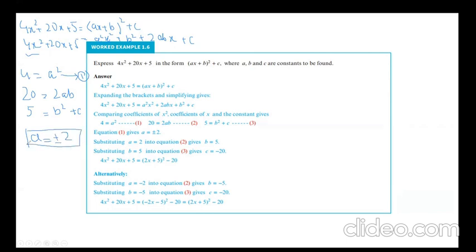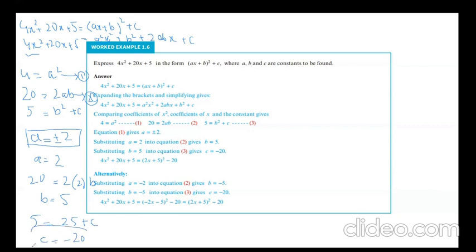Okay, now substituting a equals 2 in equation 2, so 20 equals 2 into b, so b equals 20 by 4, that is 5. So in the last case, 5 equals b square is 25 plus c, so c equals minus 20.